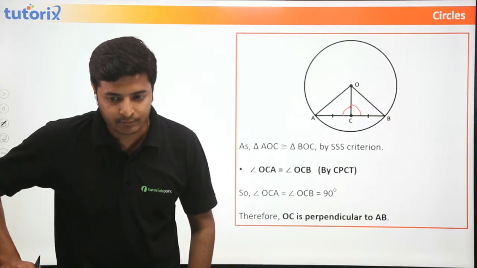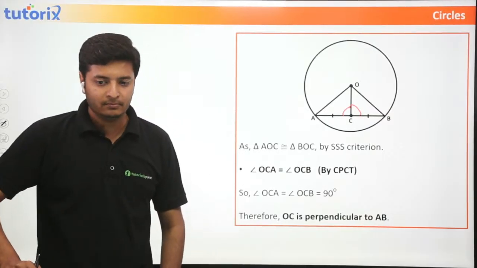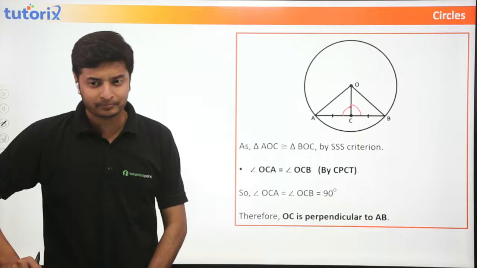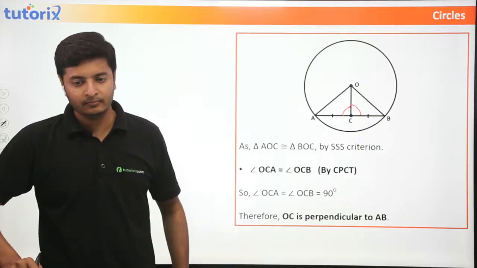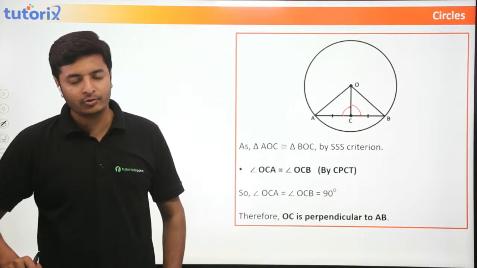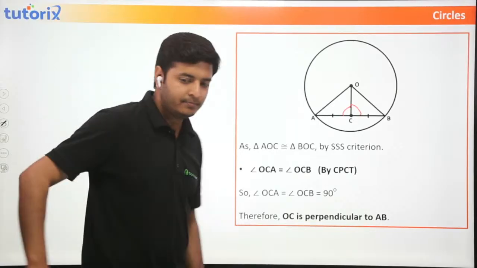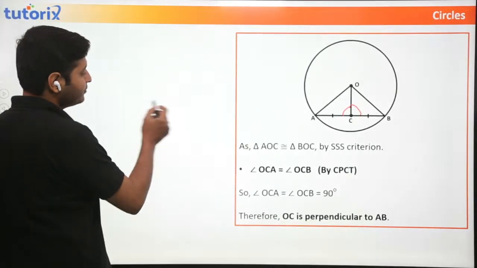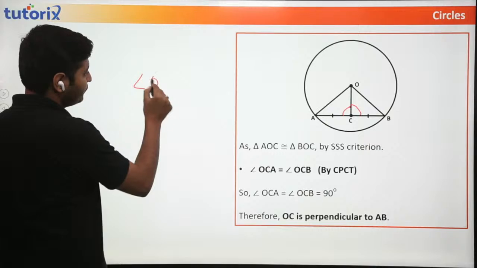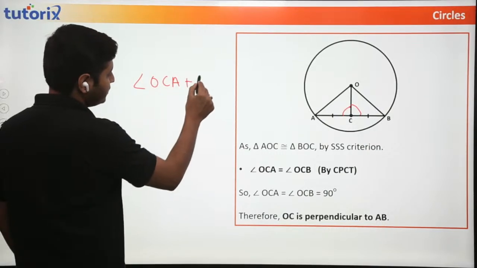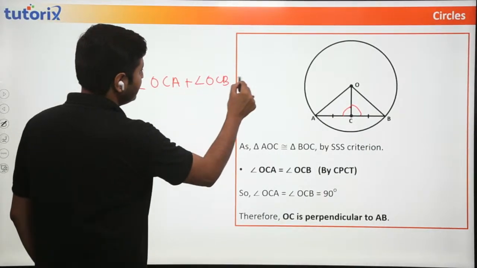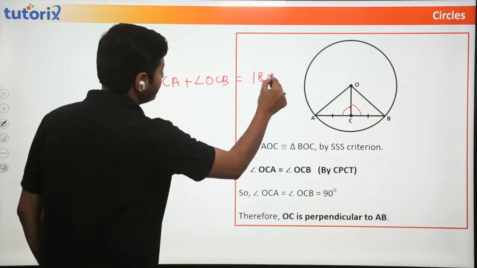What are they? Their sum should be 180, correct? Yes, so angle OCA plus angle OCB should be 180 degrees.